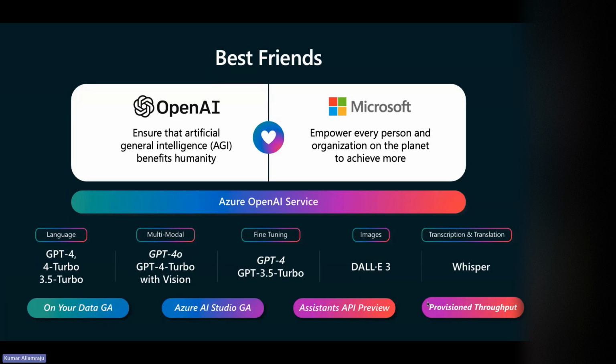Most of us are aware, if not, Microsoft has formed a strong partnership with OpenAI to collaborate on the development of artificial intelligence technologies. This partnership aims to accelerate the development of AI systems and bring the benefits of AI to more people. Microsoft and OpenAI have agreed to work on several key areas, including developing AI technologies.